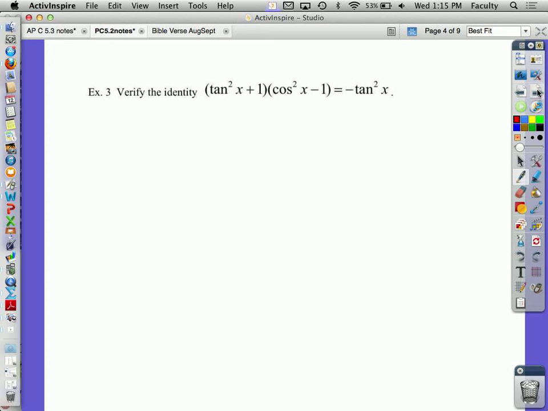So on my paper, I did this a very long way, and then I have a post-it note that a student said, why don't we do it this way? And I did, and I was like, oh yeah, that was 2 lines. That's when my blinders are on. So go ahead and try example 3. I'd recommend working the left side. The right side's just a little bit too simple.